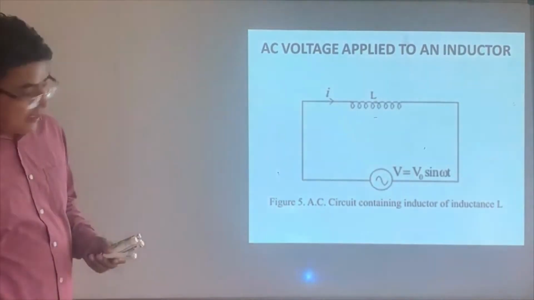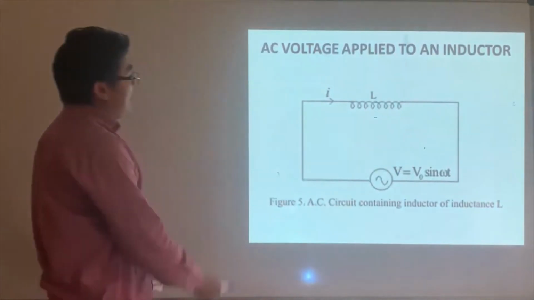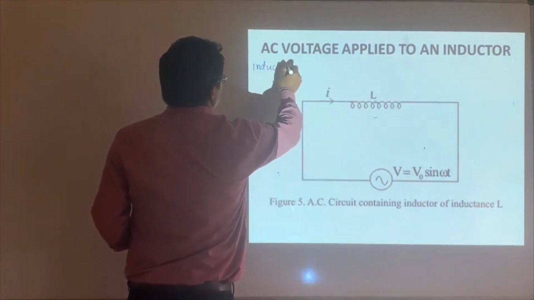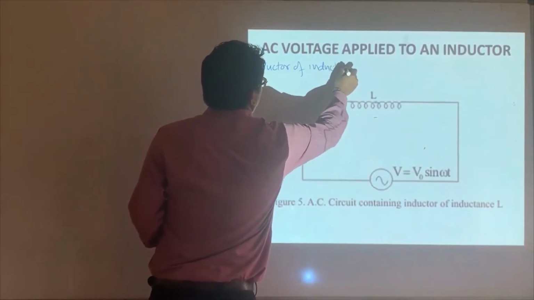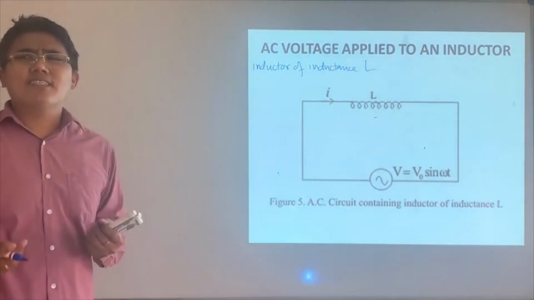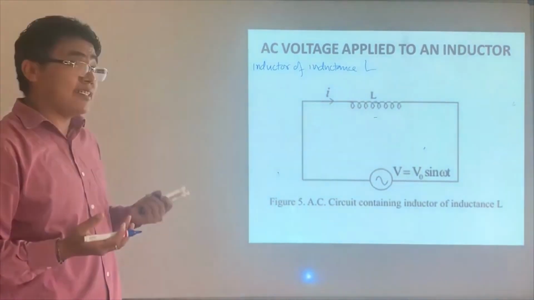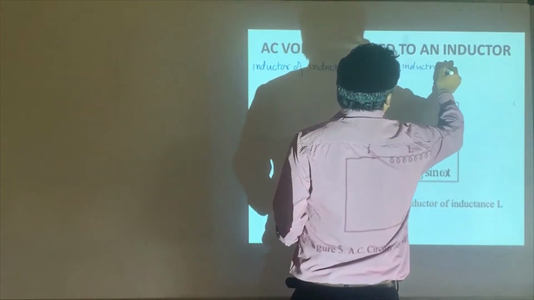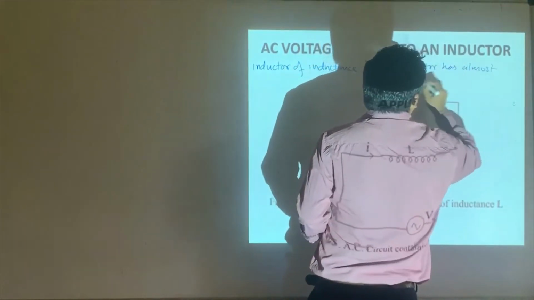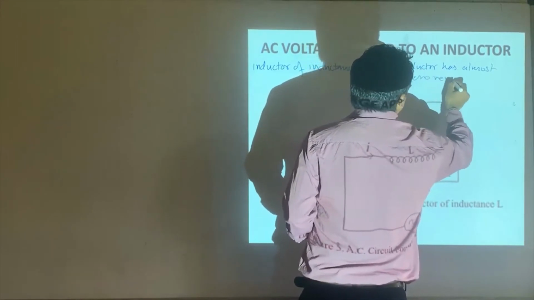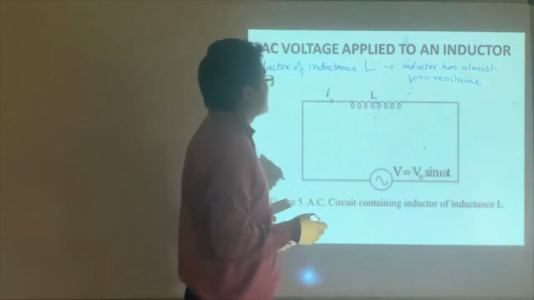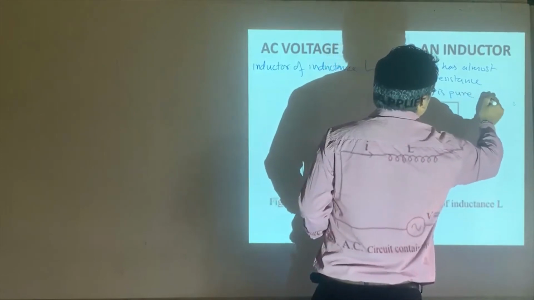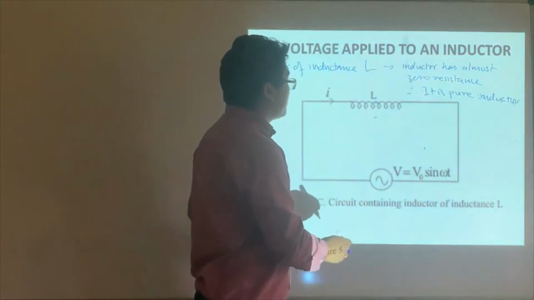So this is for pure inductor, and this is the alternating voltage you are supplying, and the inductor has inductance L. We say that this inductor has almost zero resistance, therefore it is a pure inductor. All right, this is what we call a pure inductor.